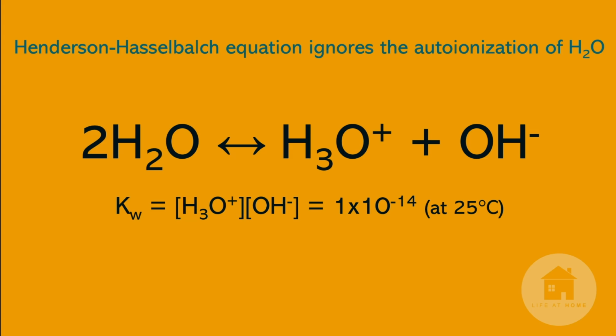That dissociation constant is 1 times 10 to the minus 14th at 25 degrees Celsius. The Henderson Hasselbalch equation pretty much ignores this. It is a very tiny fraction of the water that's actually dissociated, so the equation does not take this into account. That works most of the time, and I'll explain a little later when it does not work.